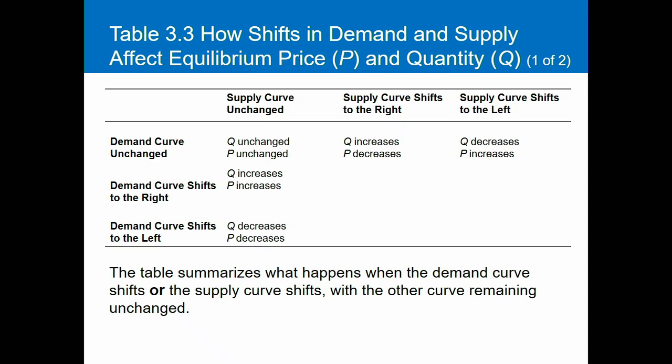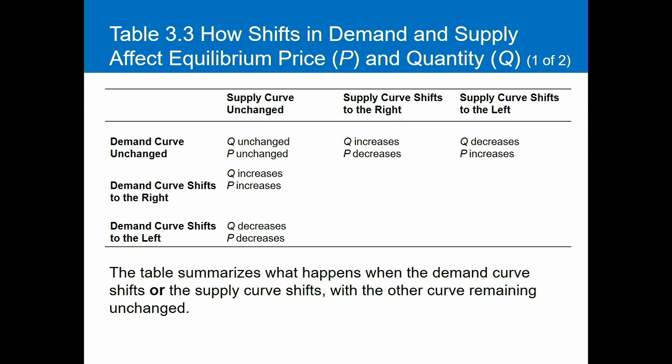If your demand curve shifts to the left, demand decreases, you're going to have the quantity demanded decrease and the price decrease. Likewise, if your supply curve shifts to the right, demand curve doesn't change, quantity is going to increase and the price is going to decrease.